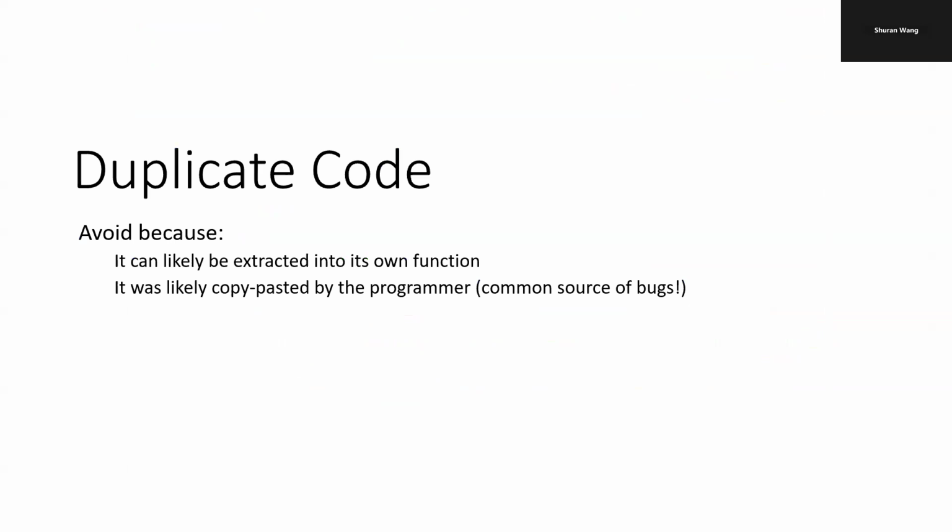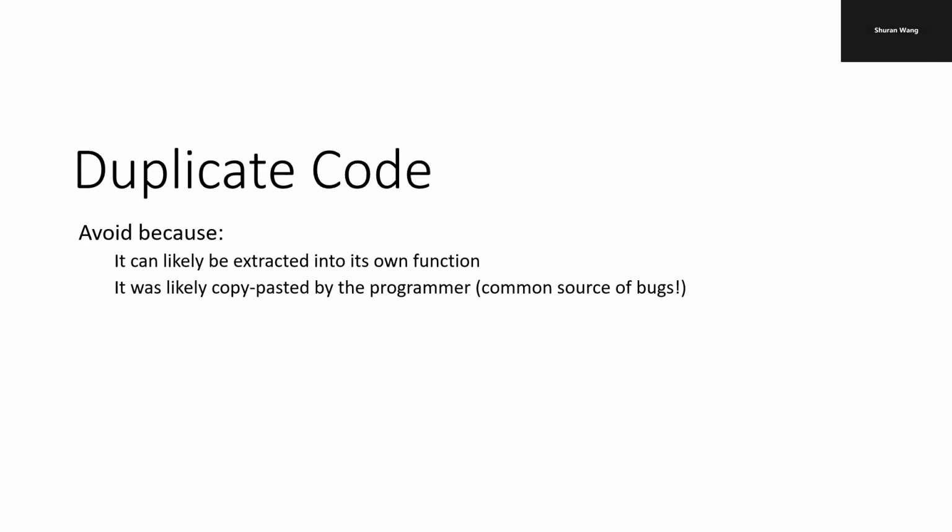Duplicate code. This is something we really want to avoid, and it's also part of the coding style check that we will do. Avoid duplicate code. It's likely going to be extracted into its own function, and extracting some code into its own function means giving it a descriptive name. By looking at it, you know what it does.